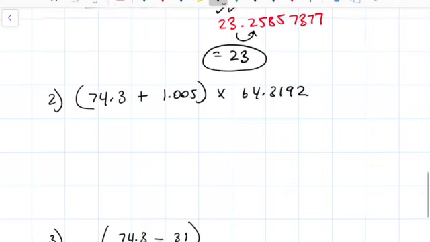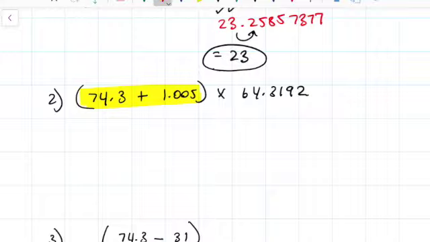In this next problem, I have mixed math. I have addition and I have multiplication. So when you have that, you finish your first set and follow the rules for addition, get the sig figs for that, and then you multiply and use your rules for multiplication.